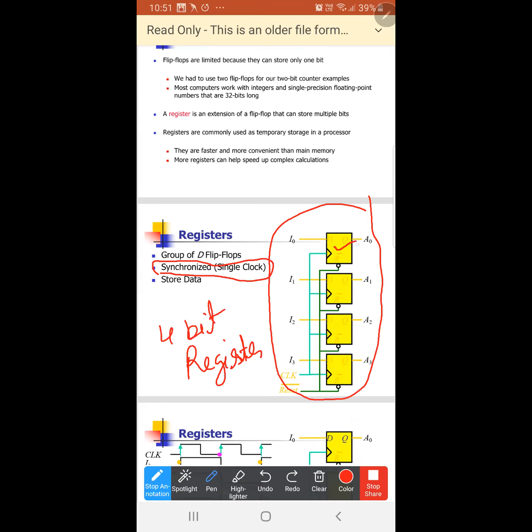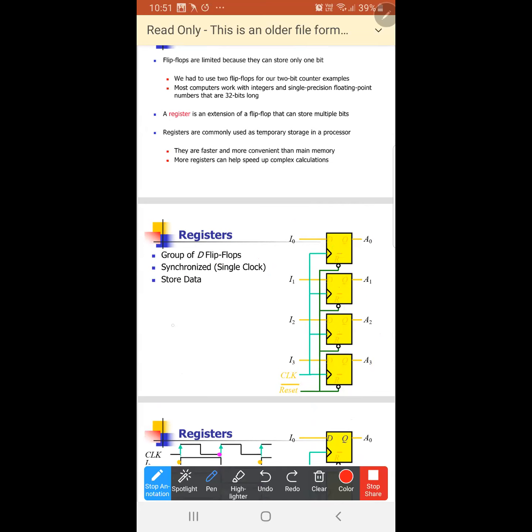And which flip-flop do they use here? D flip-flop. What is the truth table for a D flip-flop? If D is 0, what is the output? 0, same. If D is 1, the output is 1. Now we will draw the waveform for this.